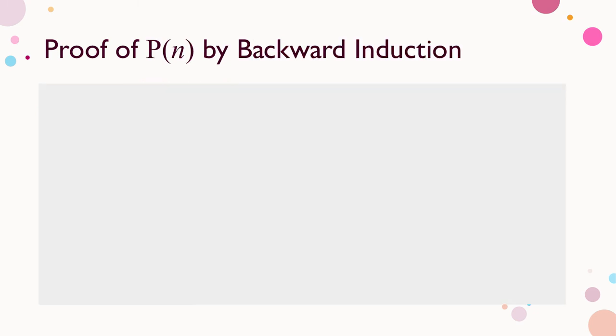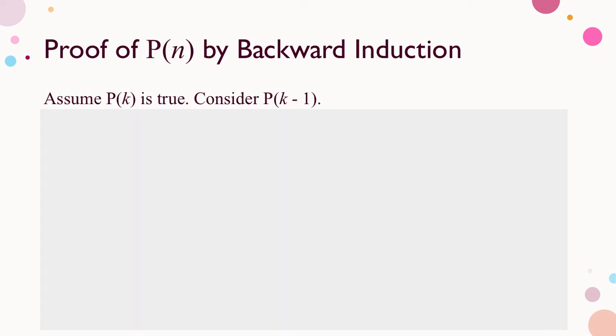So far, we have proved the statement is true for infinitely many choices of n. That is the initial part of the backward induction. Now, we go to the induction step. That is, we assume P of k is true, and we prove P of k minus 1 is also true.